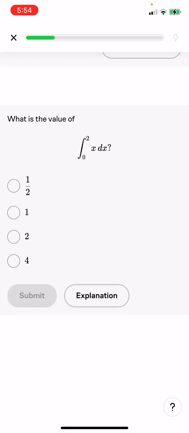What is the value of the integral from 0 to 2 of x dx? So, let me try to think. I'm not sure. I'm trying to think.